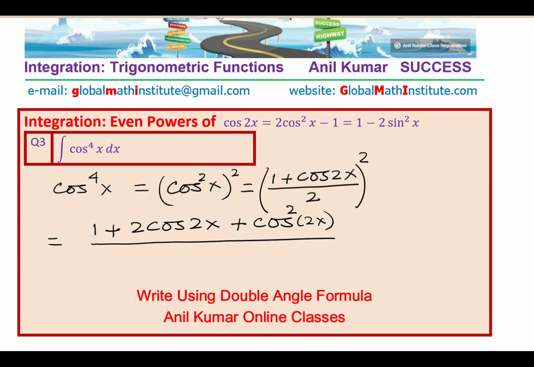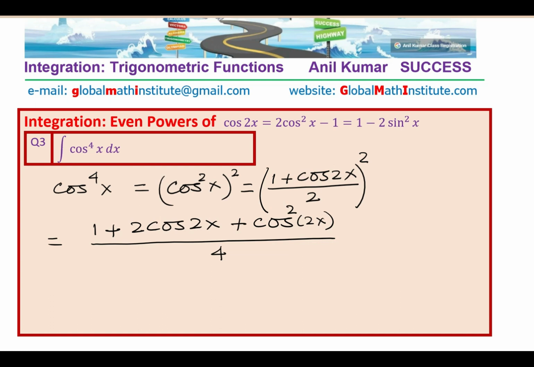Over 2 square is 4, correct? Now, once again, we have here cos²2x. So that square term should be written in the form of cos 4x. Perfect. So this can be written as 1 plus 2 cos 2x. We can write them as 1/4 and cos 2x over 4 plus 1/4 of cos²2x, right?